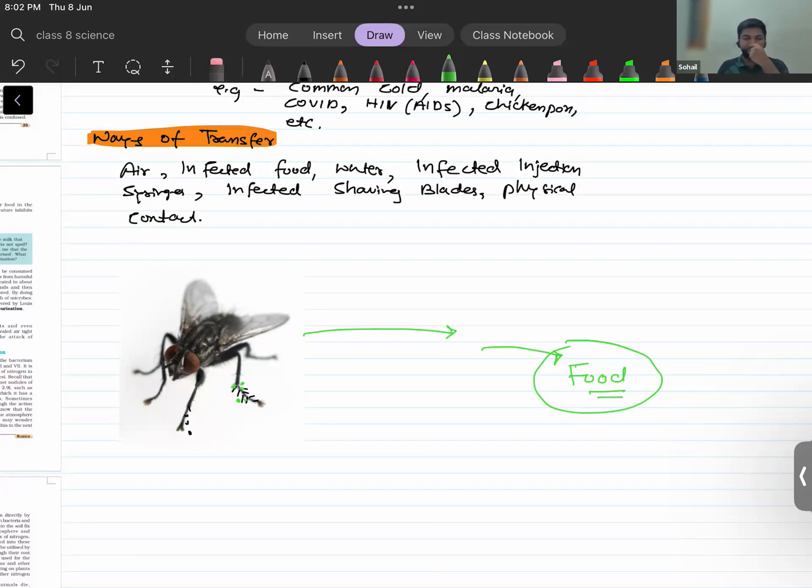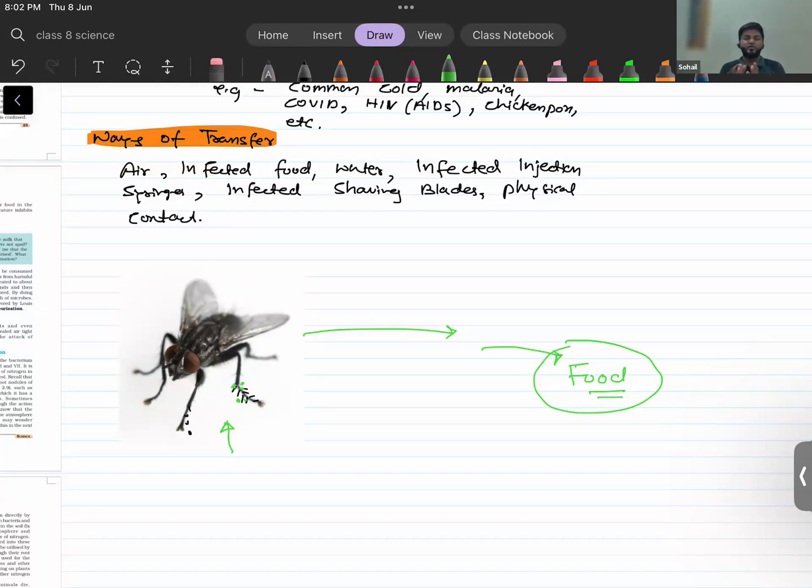So the carriers of disease are basically insects, or it could be animals also, which transmit disease-causing microorganisms to humans. And the interesting thing is that these carriers themselves do not catch the disease. Like have you ever heard that a housefly caught malaria or common cold? No.